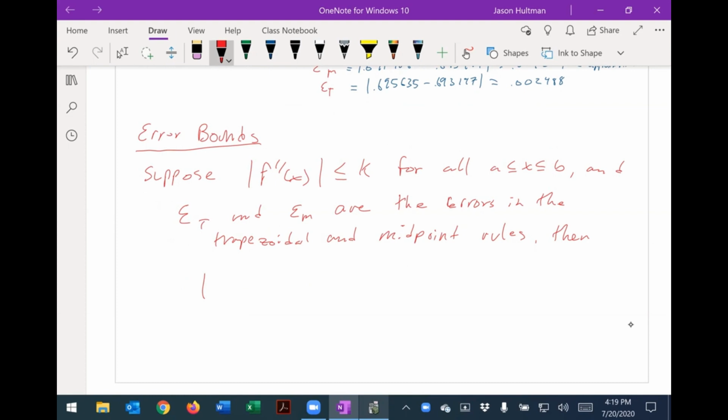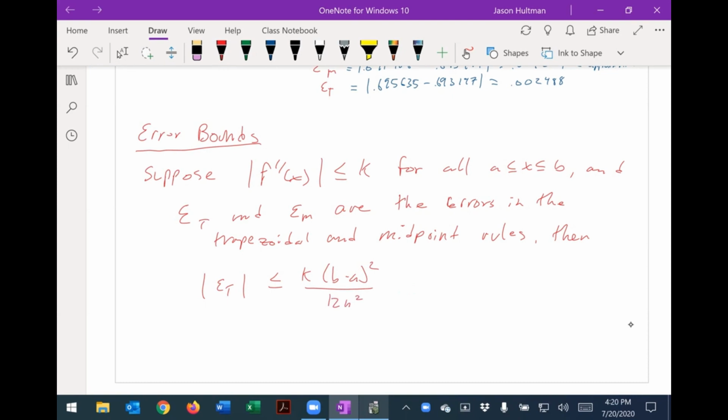If the absolute value of the second derivative is less than or equal to K, then the error for the trapezoidal rule is less than or equal to K times (b minus a) squared over 12n squared.